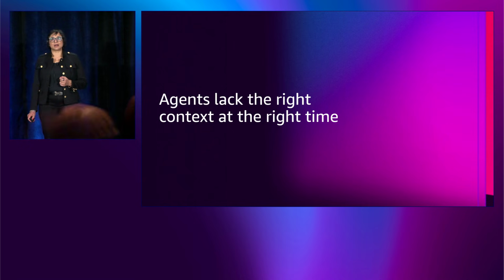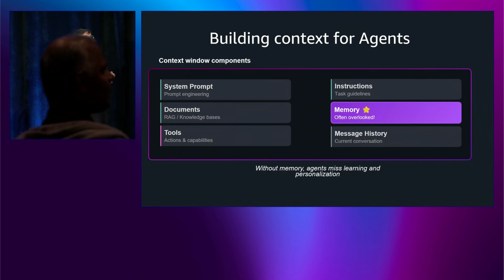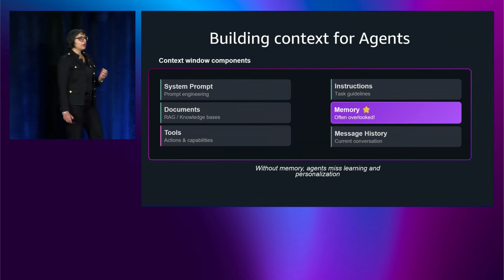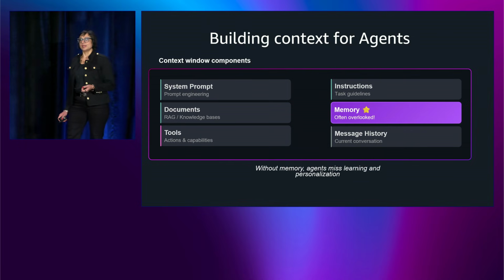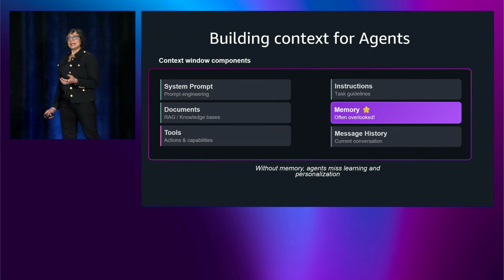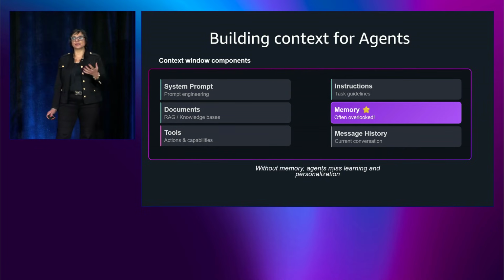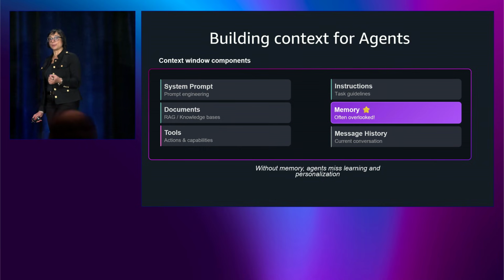So let's talk about the context first. What goes into the context of an agent? And what really is an agent? When I think about an agent, it's literally a model that has access to some tools. It can take actions on your behalf based on the tools that you provide.